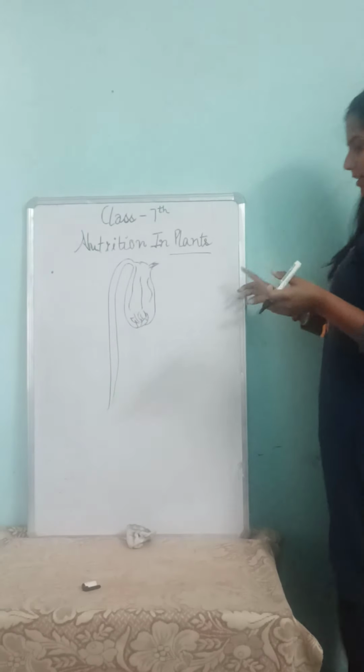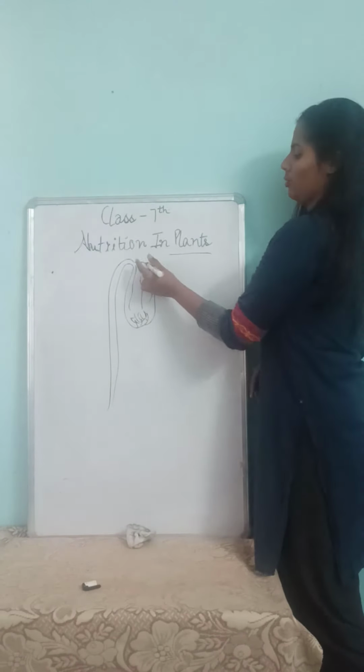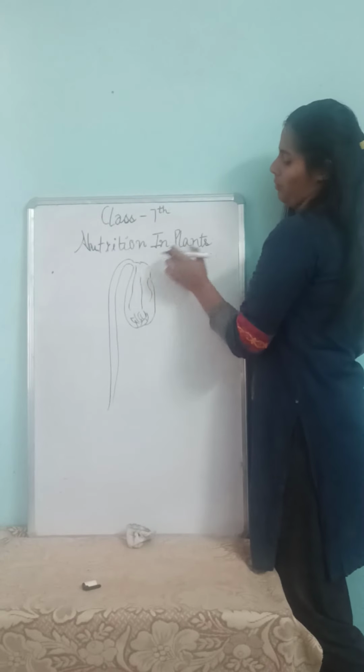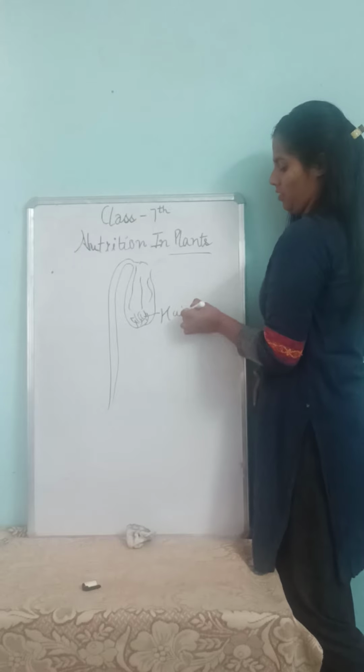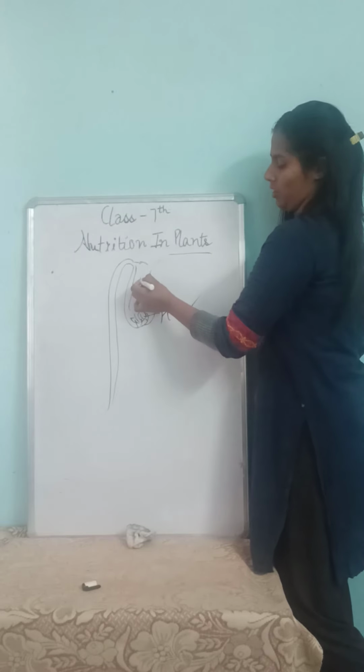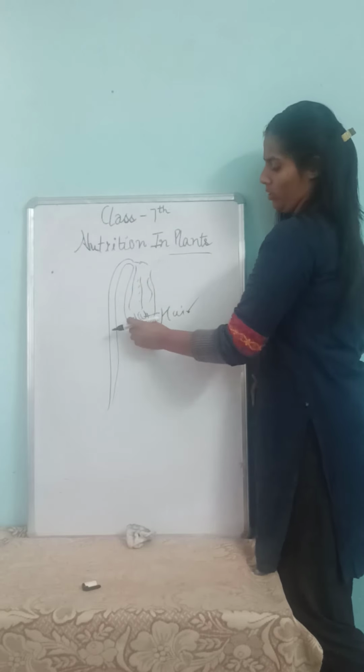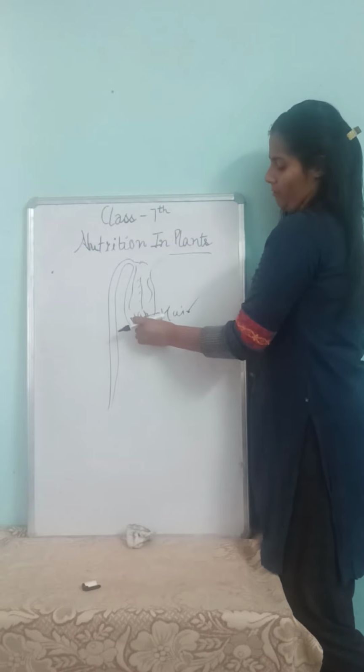So this is like the pitcher plant. As you can see, this is the opening part of the plant, and these are hair-like structures here and here, and on the down part of the plant.